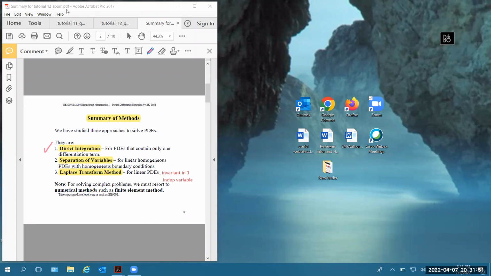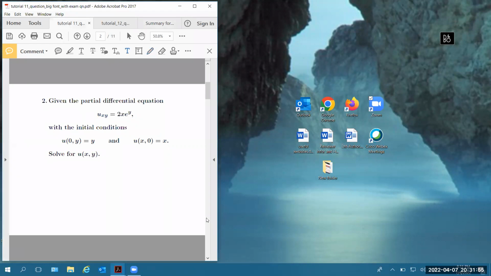First, let us look at our tutorial question. Everyone look at tutorial 11, question 2. We have this partial differential equation here. The first thing you notice is how many differentiation terms it has.